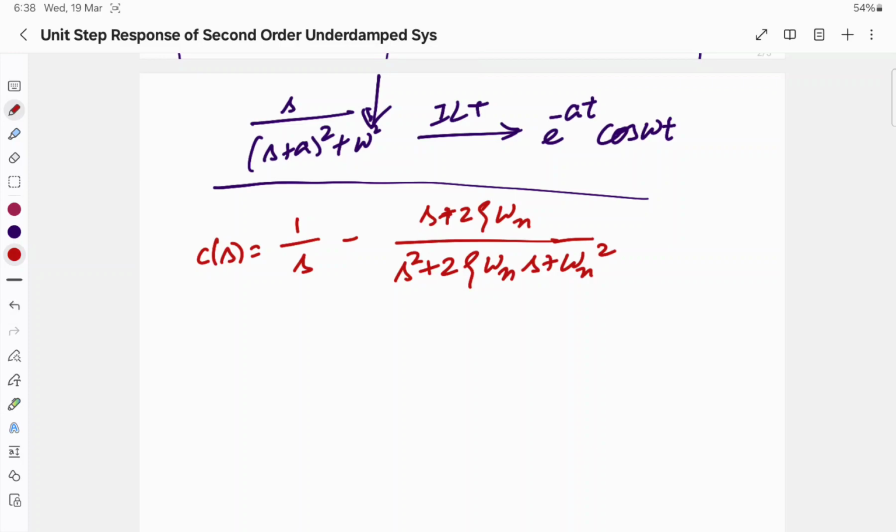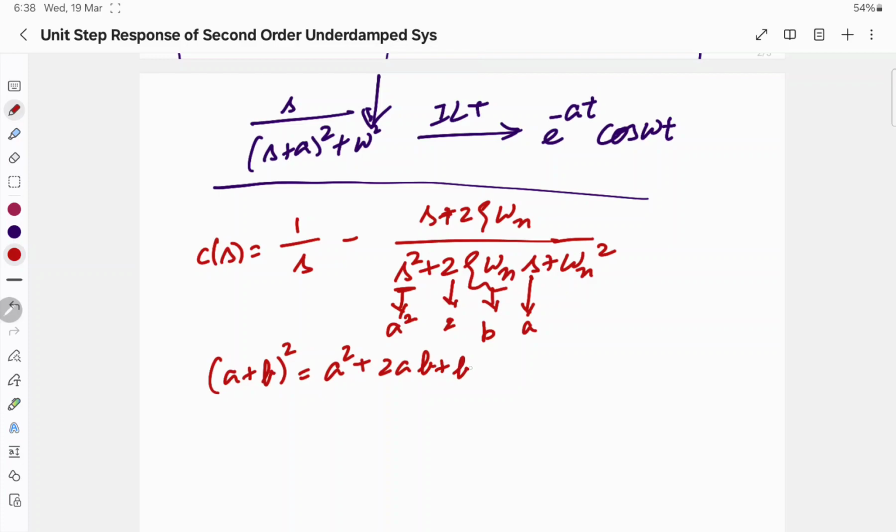Okay, so we want to write this in terms of a plus b format. So what I am going to do is, you see here, this is a, this is a square, this is 2, and this would be your b, because we very well know a plus b whole square is equal to a square plus 2ab plus b square.